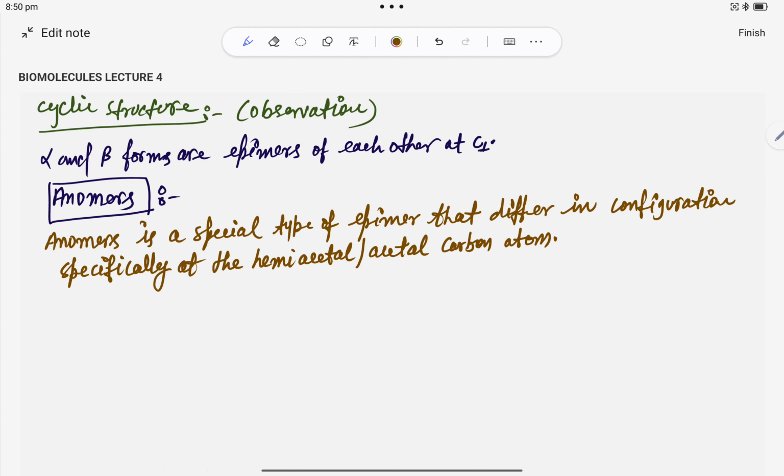Okay, so in that case, you can say that alpha D glucose is also called alpha D glucopyranose.